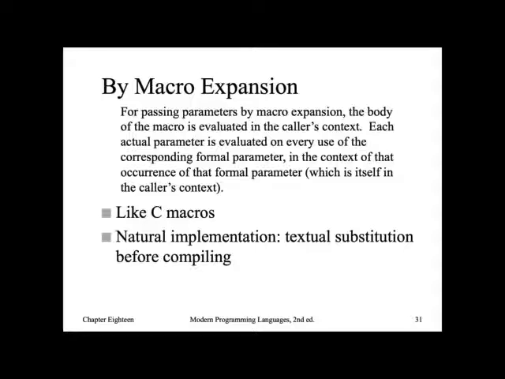It's kind of funky. Then the actual parameter is evaluated on every use of the corresponding formal parameter, which I'll show you where that comes into play, in the context of the formal parameter. And again, these words are horrible. This is not helpful. C macros, big thing. But the best way to look at that is as textual swapping before you compile.